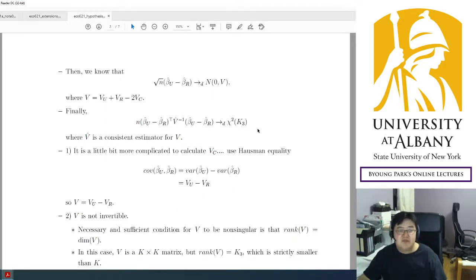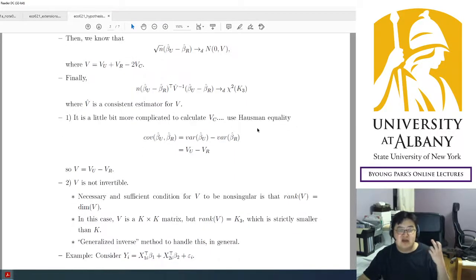That's the problem. Mathematically, the problem here is it is a larger matrix, but its rank is only k3. So for this to be invertible, its rank must be k1 plus k2 plus k3, but mathematically we can prove that the rank of this is only k3 because you are changing only k3 number of restrictions.